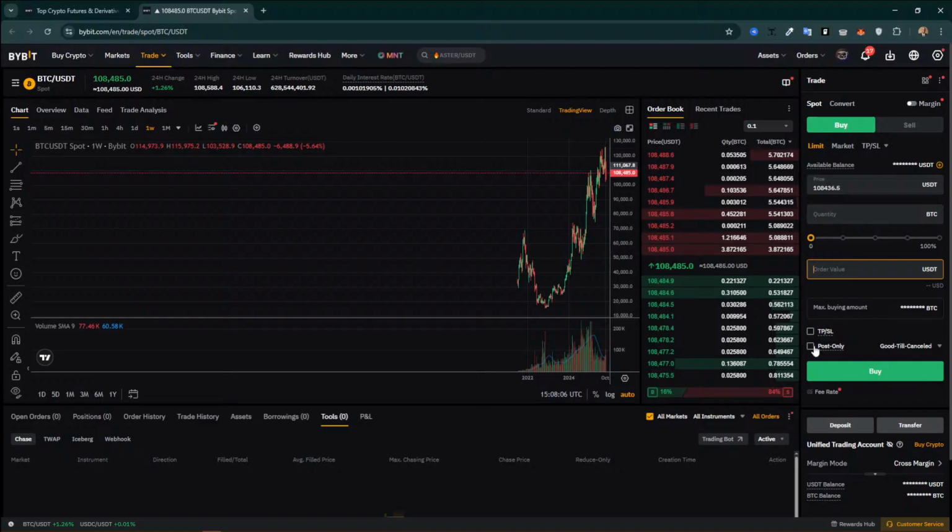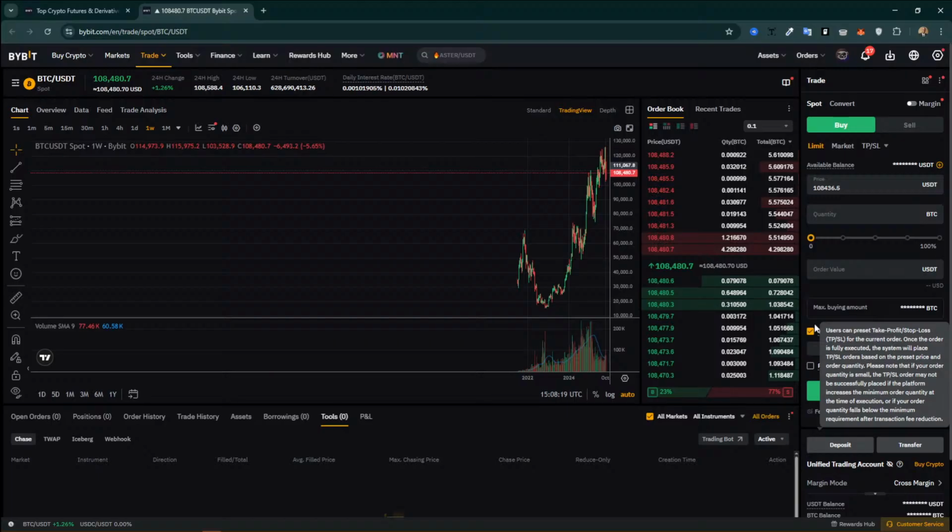Then the TP and SL. TP means take profit and SL means stop loss. So this is something that can help you with what we call risk management.